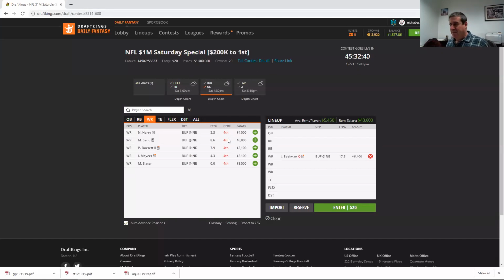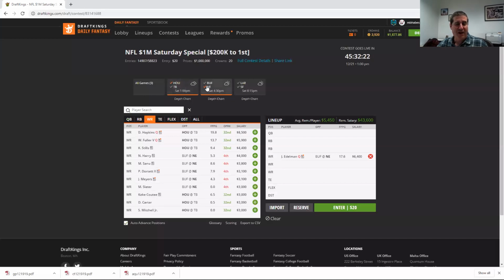A natural pivot would be this: one reason Hopkins would not get these touchdowns and all those points is because the targets and the efficiency would go elsewhere. And so the natural person you would use instead of Hopkins would be Will Fuller.